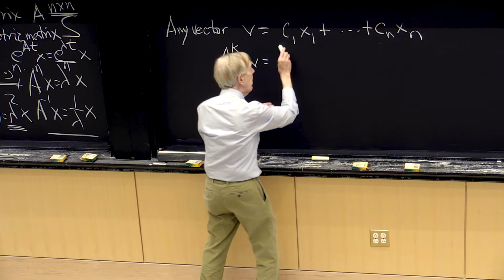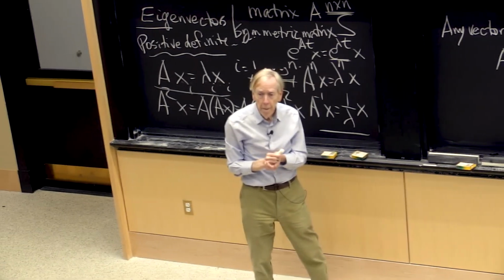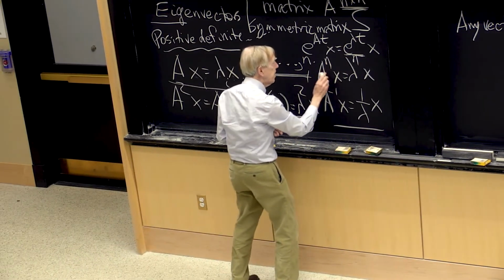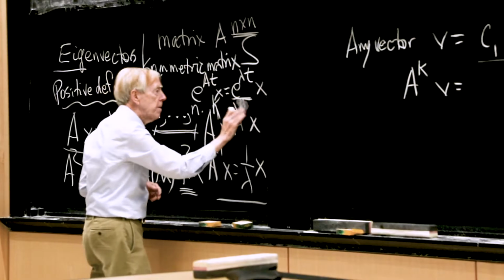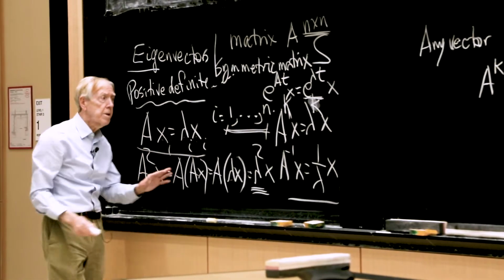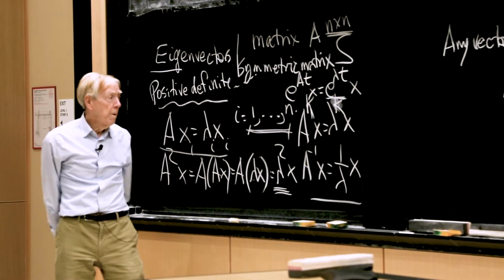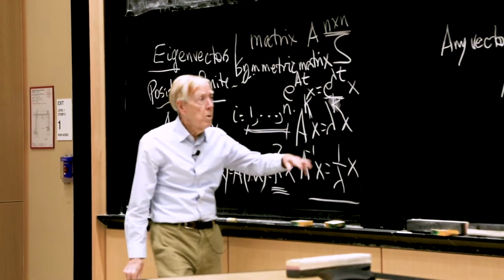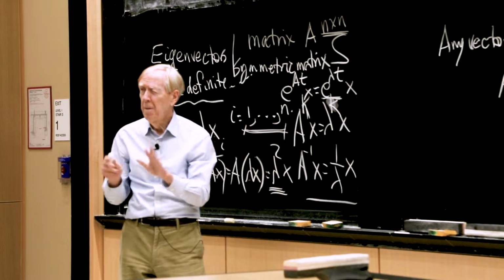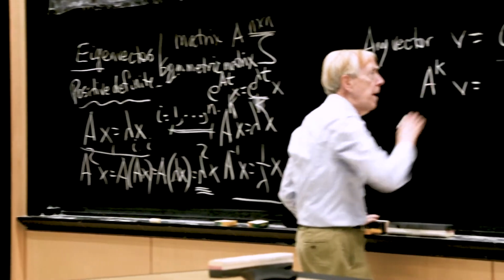I'll use k, because I'm using n for the size of the matrix. So what happens when I multiply that by A to the k?